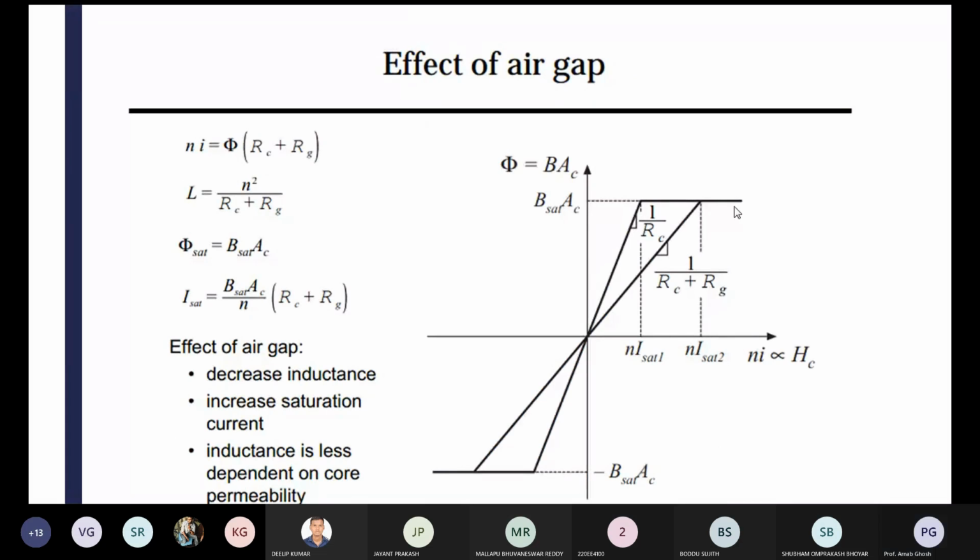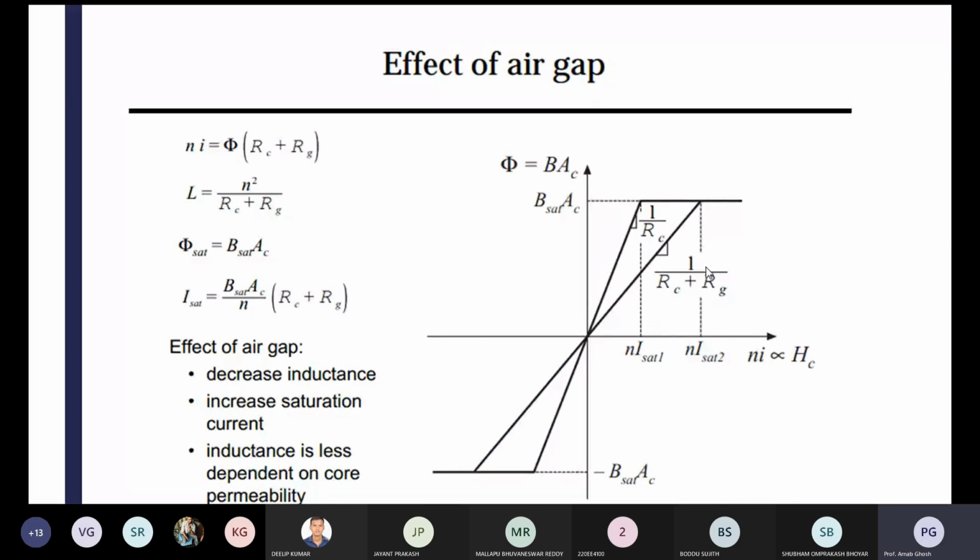In the case with no air gap, only the core is there, so only the core reluctance, 1 by Rc, is in the denominator. In the second case you can see the denominator is larger than the previous one, because the reluctance of the air gap is added.